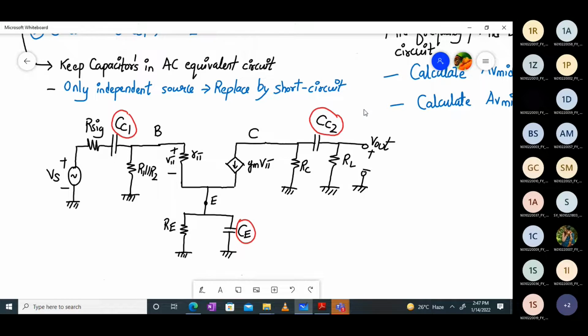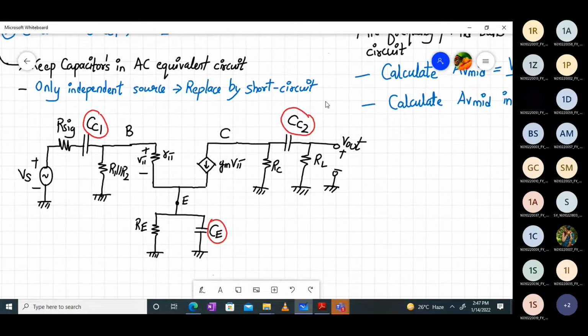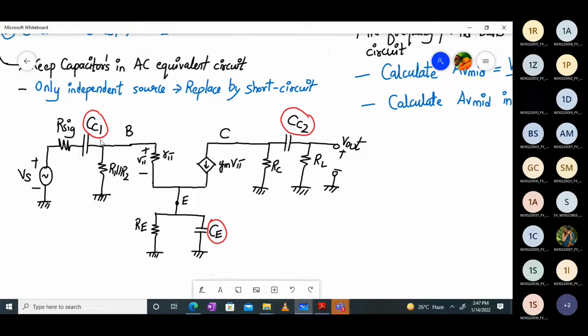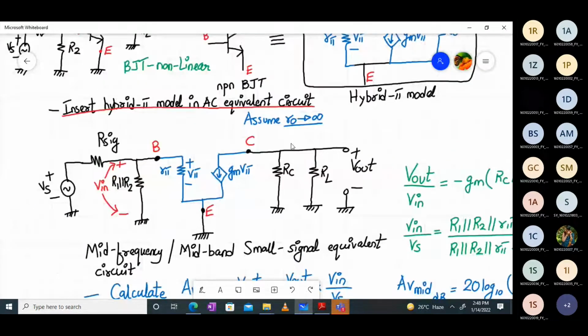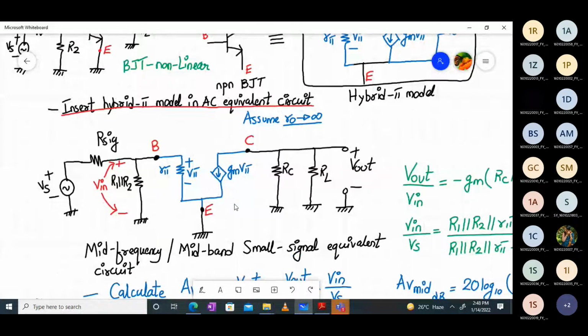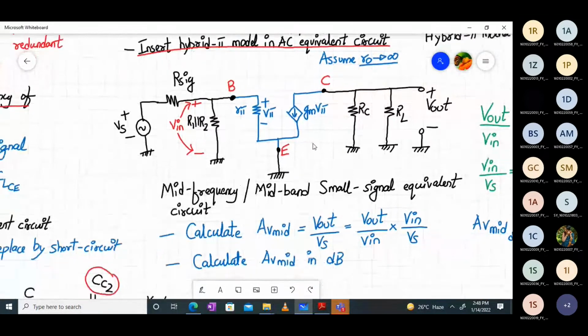But if you do that, you will get back your mid-frequency small signal equivalent circuit, the same circuit over here.